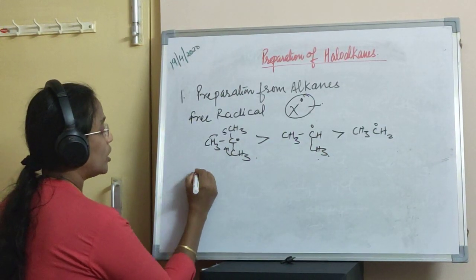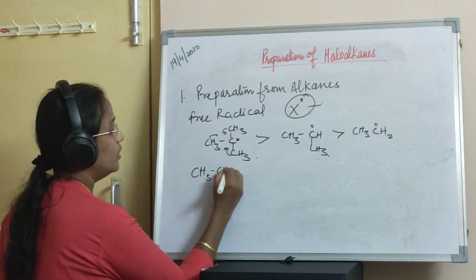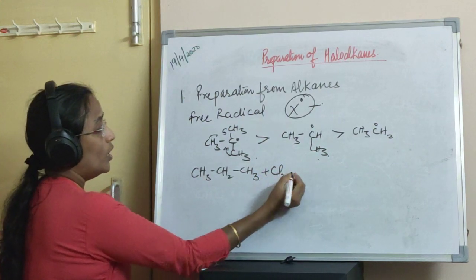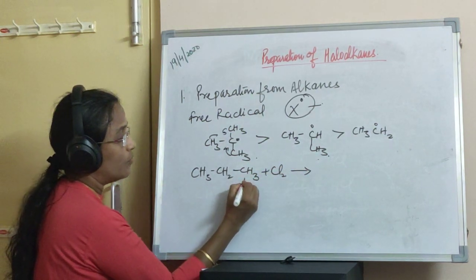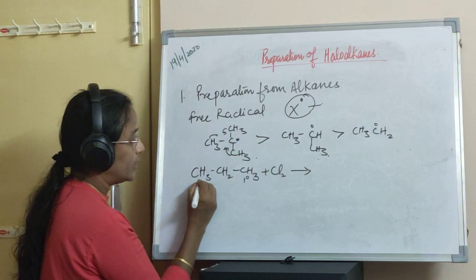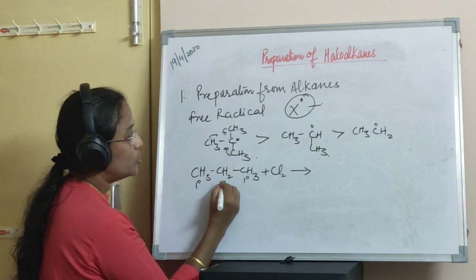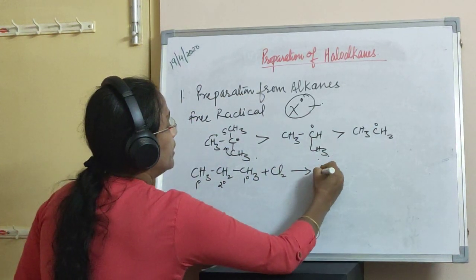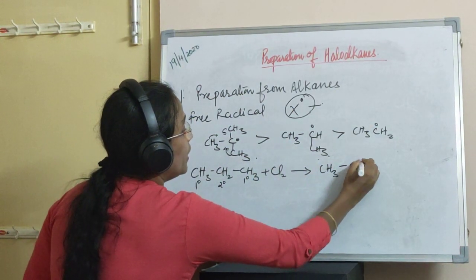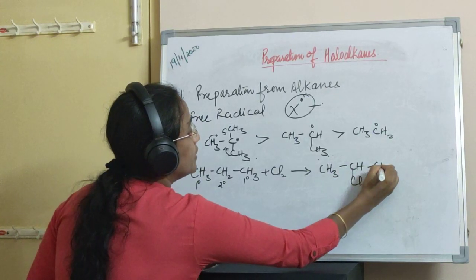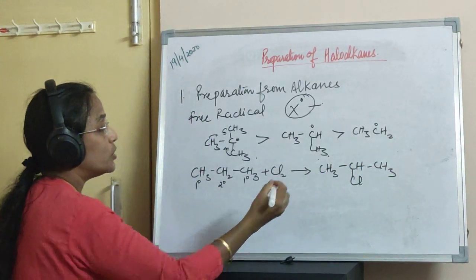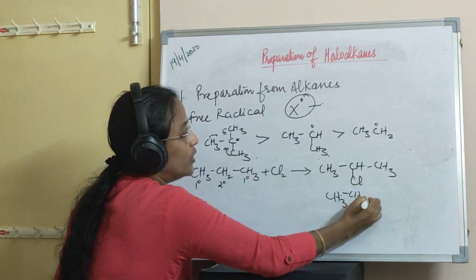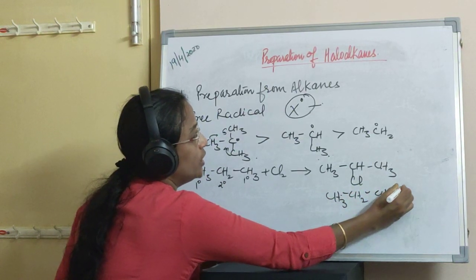So let us do the halogenation or chlorination of propane. Here we see that we have a 1 degree carbon atom here, 1 degree carbon atom here, and a 2 degree carbon atom here. The possible products obtained are CH3CHClCH3, the secondary substituted product, and we can also get CH3CH2CH2Cl.